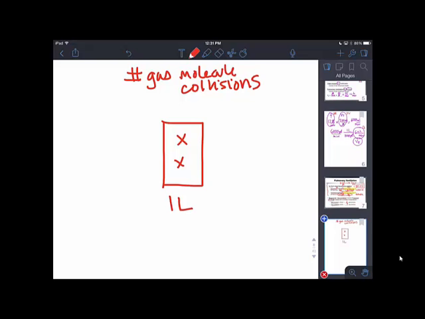When these gas molecules collide, they generate pressure. So let's say that in a 1 liter container, the pressure exerted by those gases is 200 millimeters of mercury.